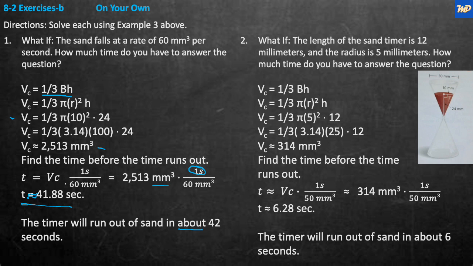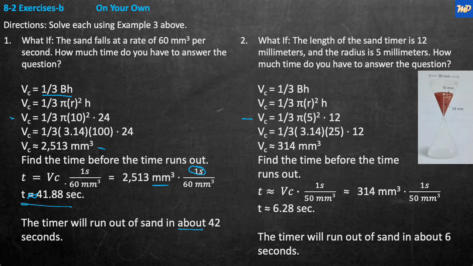Well, same formulas, everything. Now down on this line here, we see that the volume of the cone is 1/3 pi 5 squared times 12. New numbers. 1/3, 3.14 times 25. 5 squared is 25 times 12 is 314. Look at that, 3.14. Kind of interesting.